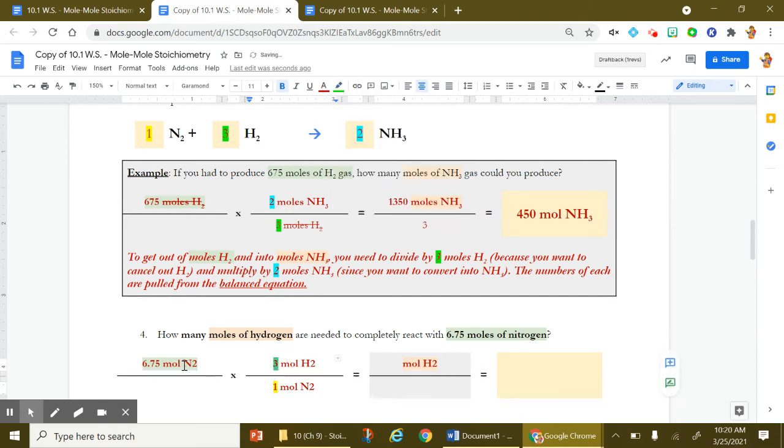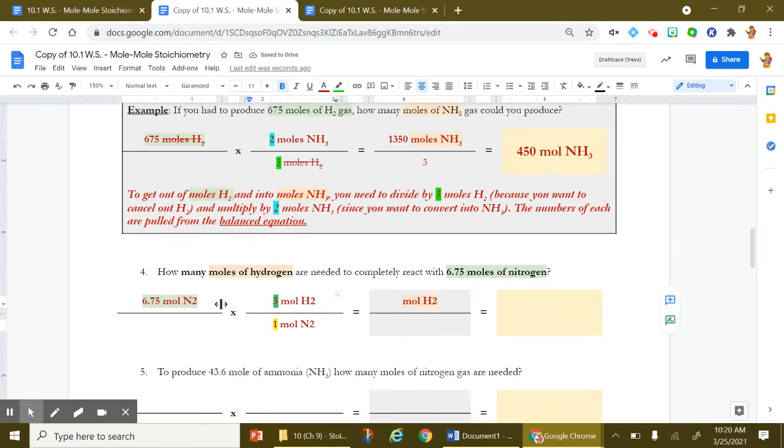So ultimately what we're doing is we're taking 6.75 moles of nitrogen and we're just multiplying it by 3. I put that in my calculator. 6.75 times 3. That is 20.25 on the top, 1 on the bottom. So that's just 20.25 moles.